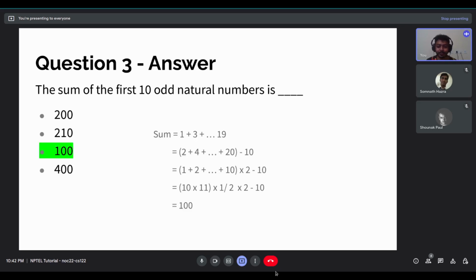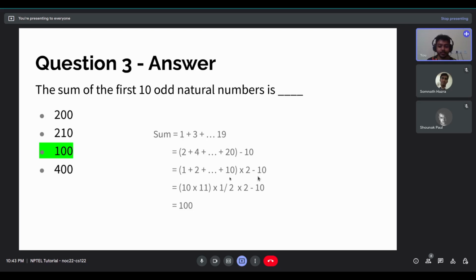You have to find the sum of 1 plus 3 plus 5 plus up to 19, so the first 10 odd numbers. What you can do is rewrite them as 2 plus 4 plus 6 plus 8 plus up to 20, and then minus 10, because you have added plus 1 to each of the numbers. Then if you divide them by 2, you get 1 plus 2 plus dot dot dot up to 10, into 2, minus 10. This is an arithmetic progression sum.